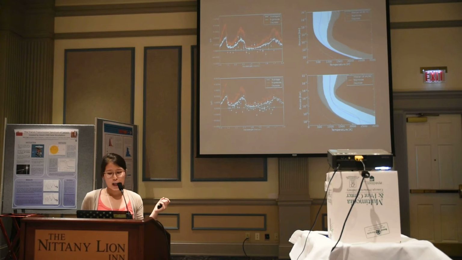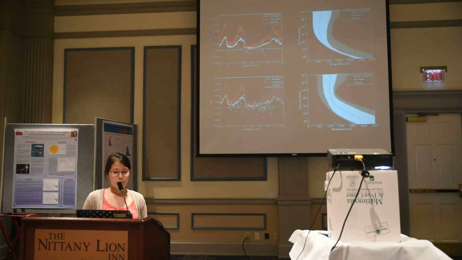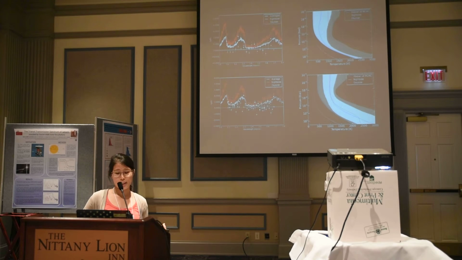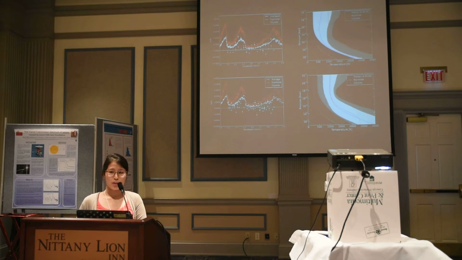So on the top is our retrieval for just our standard day and night side. We bin the data to imitate the Hubble WFC3 data. And on the bottom, I tried a trial where I made the resolution higher just to see what effect that has on a retrieval.